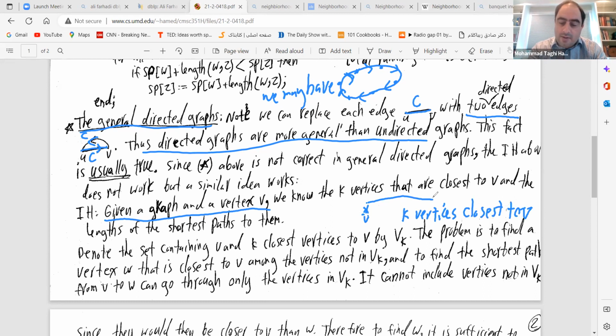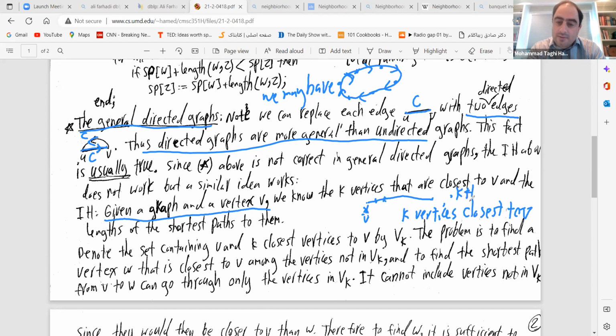These are the first k vertices closest to v, and you can order them: the first vertex is closest to v, then the second closest to v, and so on. We know the shortest path from v to these k vertices, and then we want to find the vertex k plus 1.